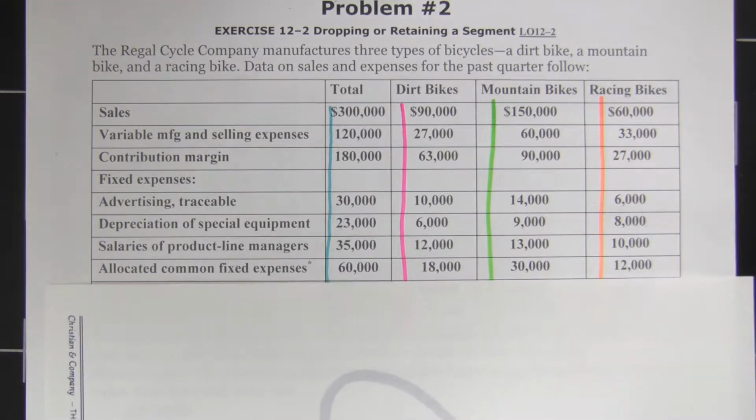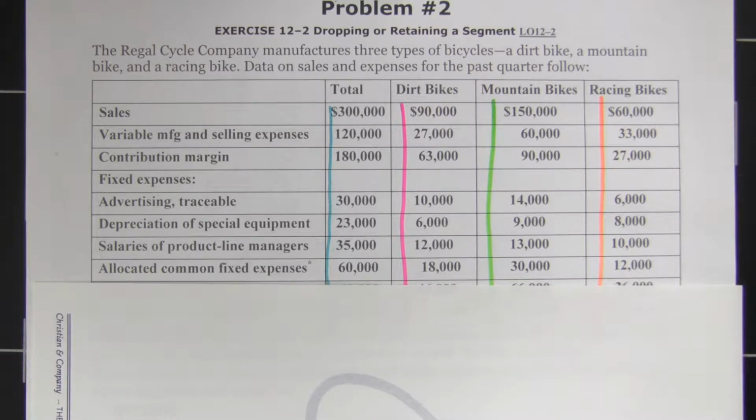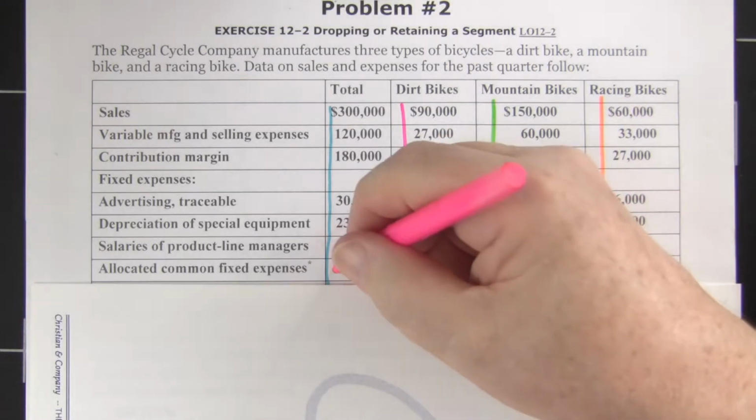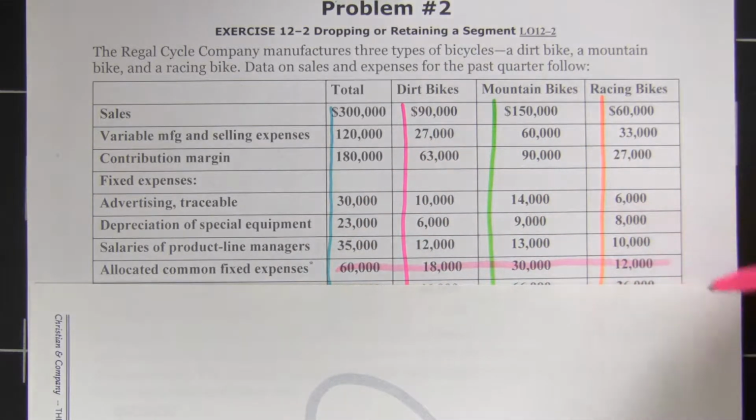is that line right there, the allocated common fixed expenses. Because allocated means assigned, it means made up, it means we're not sure about these, we're just kind of making them up.